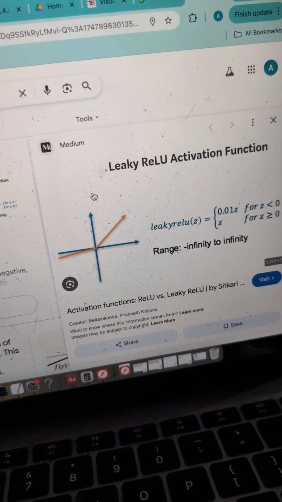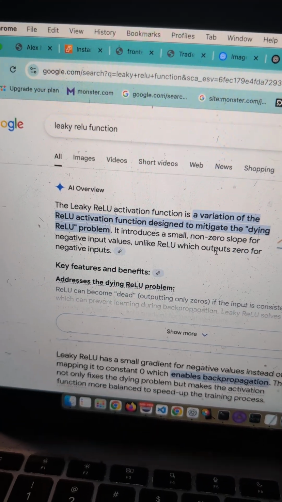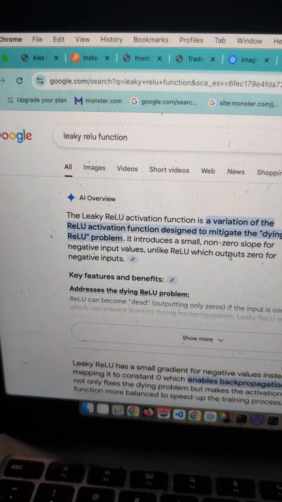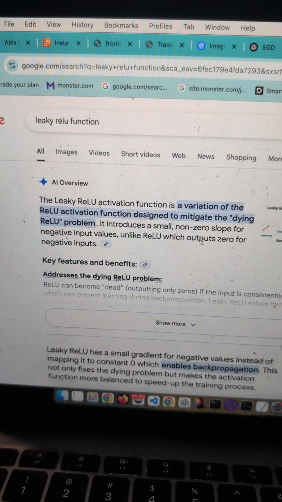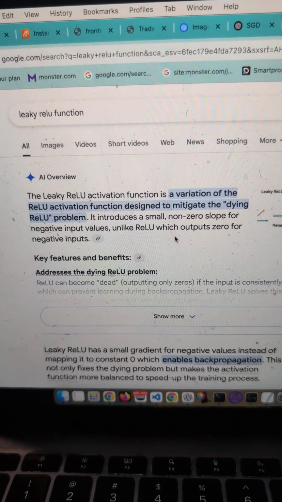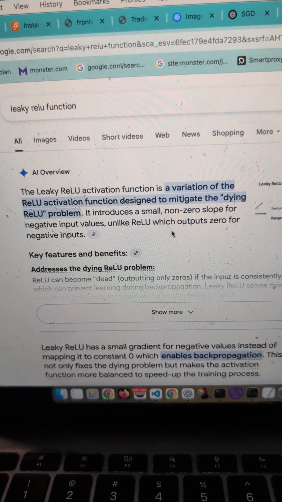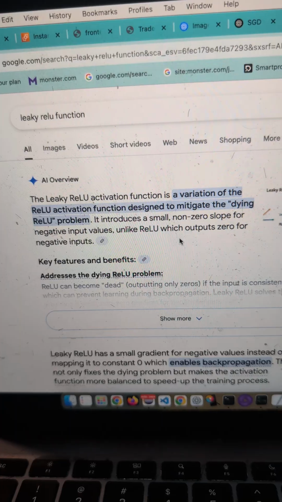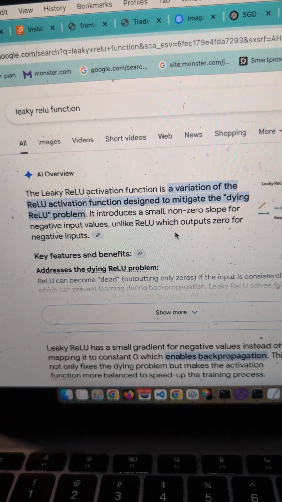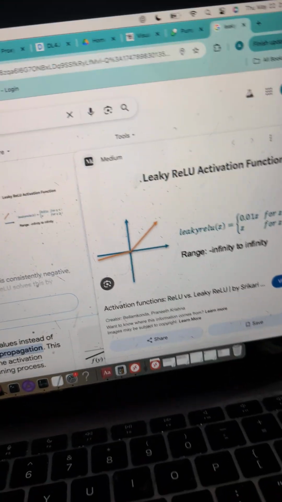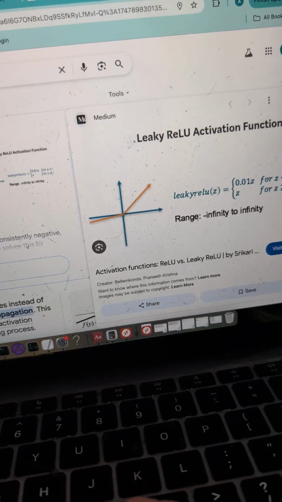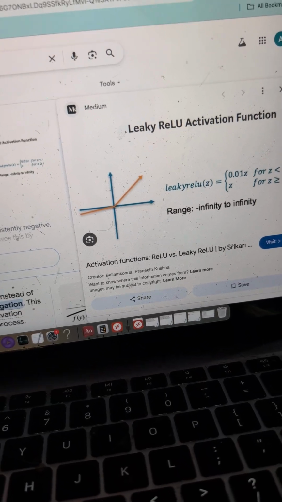Leaky ReLU prevents the dying ReLU problem, where values are forced into a zero slope, resulting in missing data. The negative slope in leaky ReLU preserves negative domain inputs.